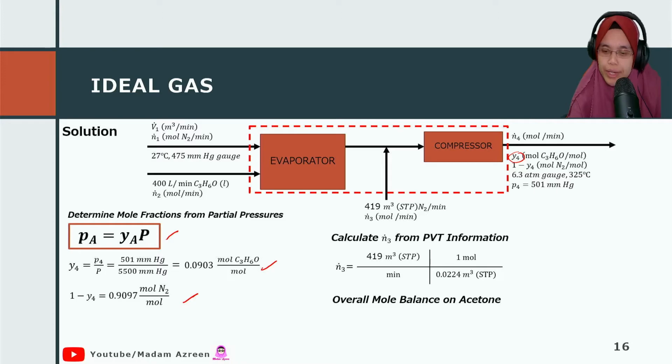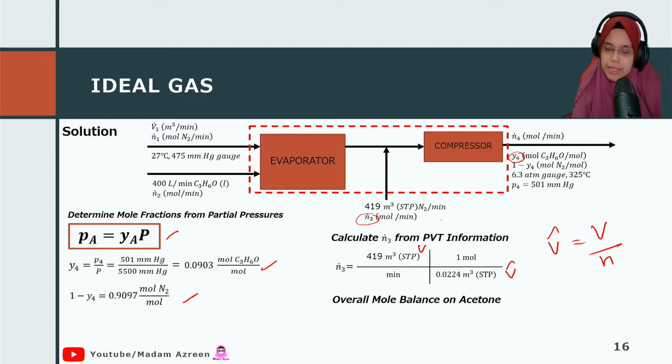The N4 not yet. We move to this stream, whereby in this stream we can get the value of N3 by using PV equal to nRT. We have V here, we have V divided by V standard. So we can get the value of mole because the formula is V equal to V over mole.